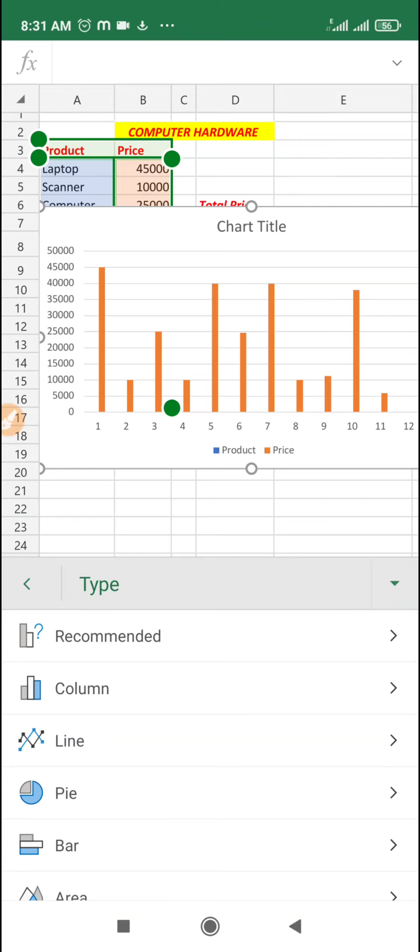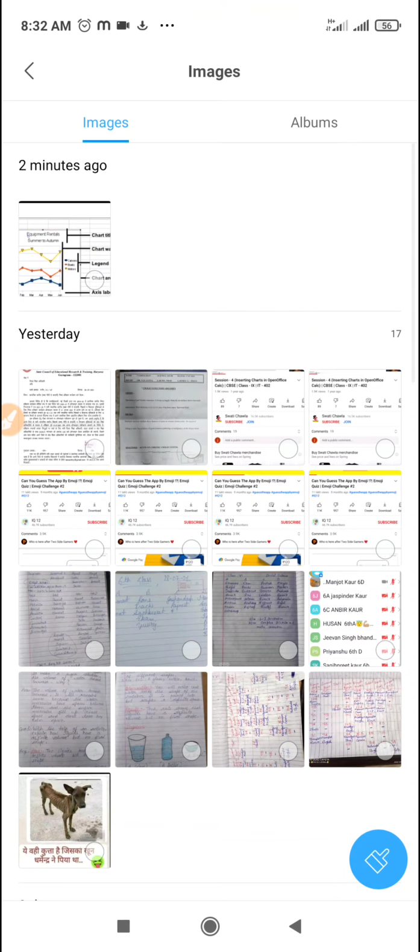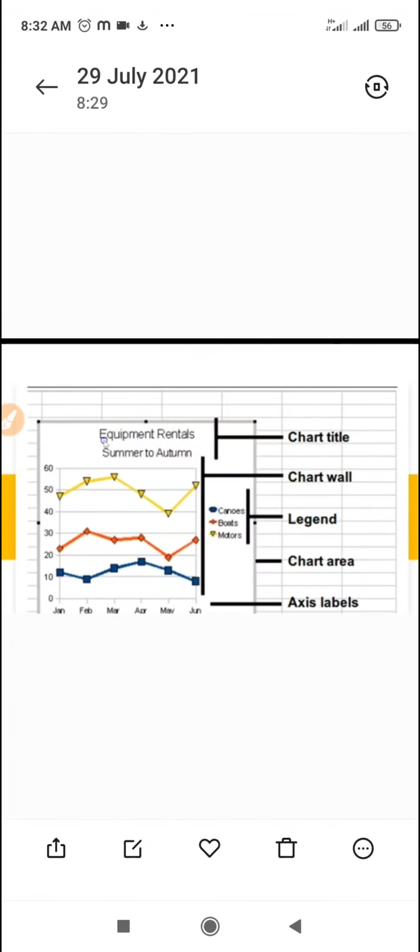Now we are going to discuss the components of the chart. While making a chart, there are many components that help us recognize the various dimensions of the chart.